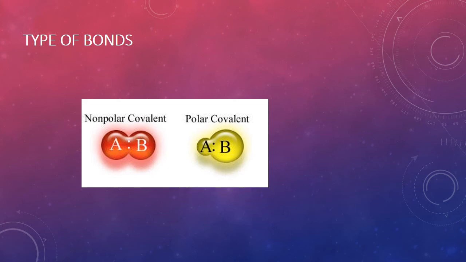And these guys don't share evenly, so I can say that this bond has a dipole. Now, whether or not the entire molecule has a dipole moment, well, that's going to take some more chemistry knowledge. But if there's only two atoms, a polar covalent, two-atomed molecule will have a dipole.